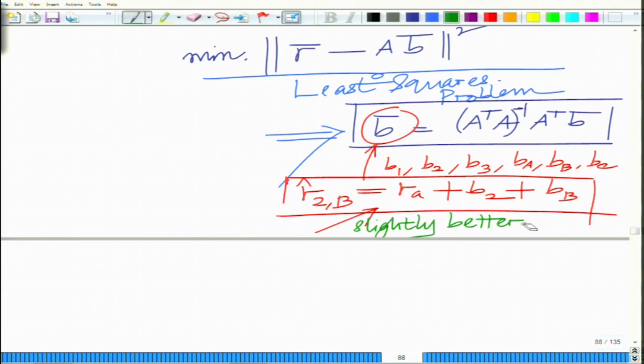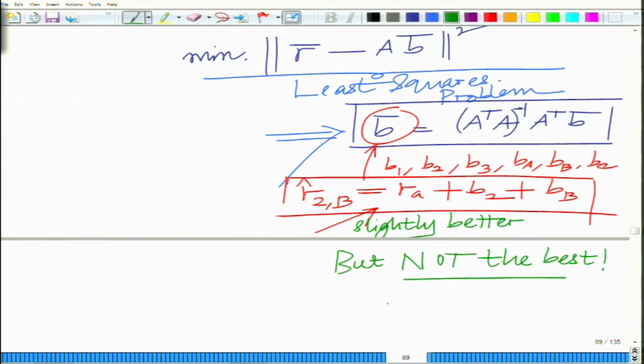This is slightly better, but not the best. We are not done yet.